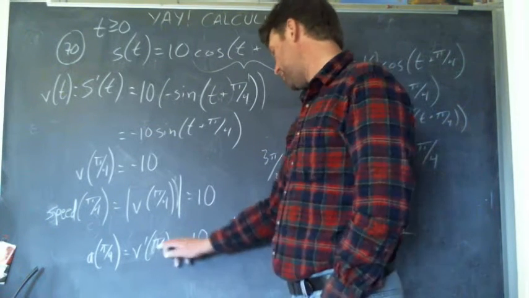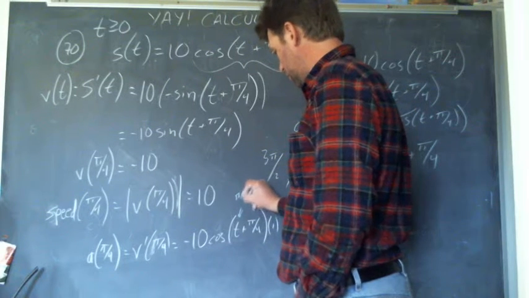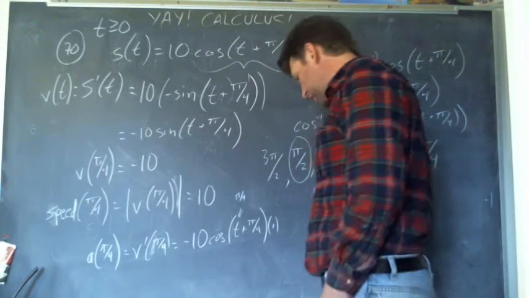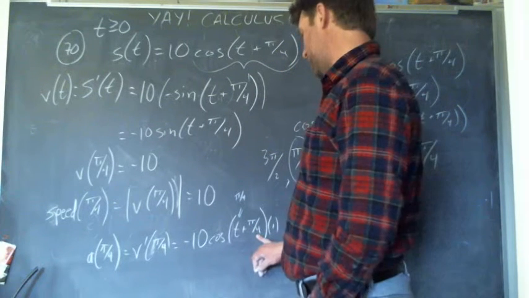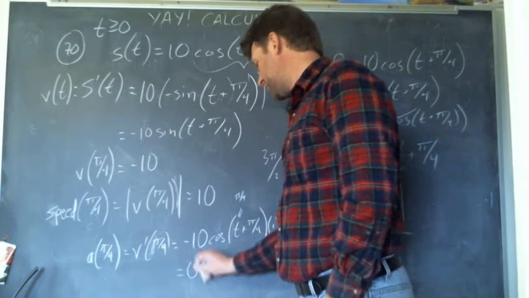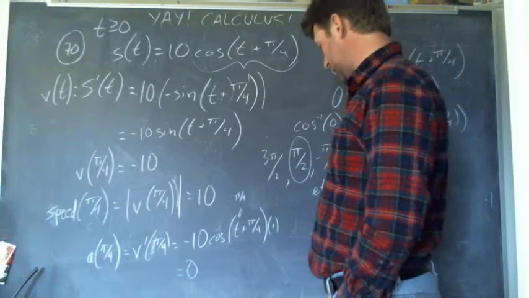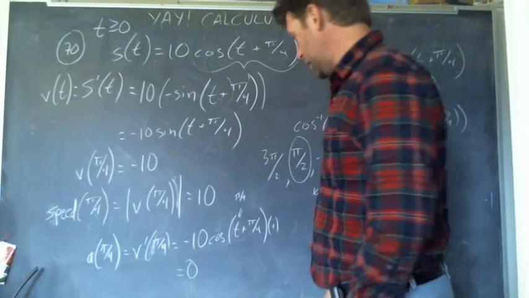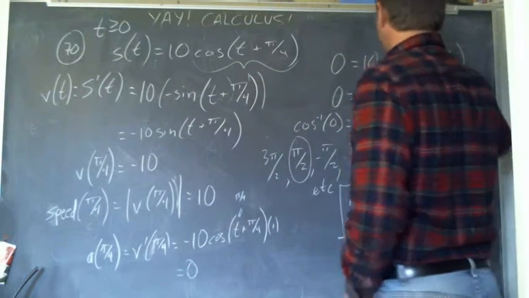We want to do this at pi over 4, so t plus pi over 4 is pi over 2. Cosine of pi over 2 is 0, so this very swiftly goes to 0. That's our acceleration at pi over 4. Maybe I could have gotten that in 12 seconds, but who knows.